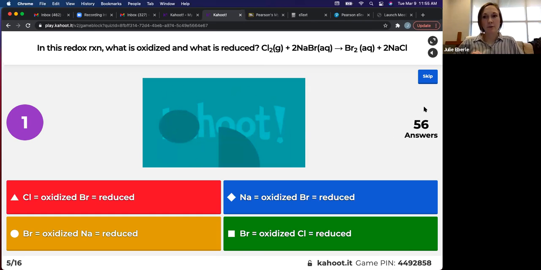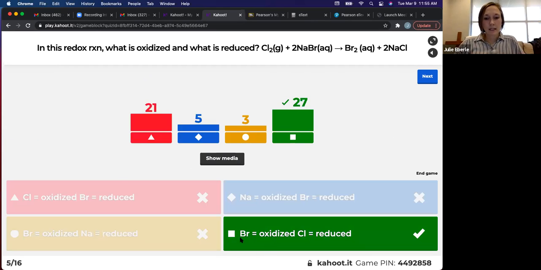All right, the correct answer is D, the green one. Bromine's oxidized, chlorine's reduced. Bromine on the reactant side is a -1. On the product side, it's a 0. So -1 to 0 is an increase.